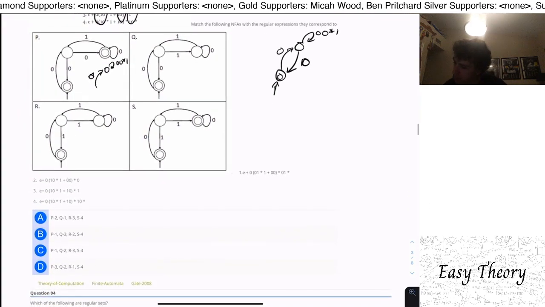So P can't match with 3 because it doesn't end up with the same character. So D can't be right. Can P match with 2?